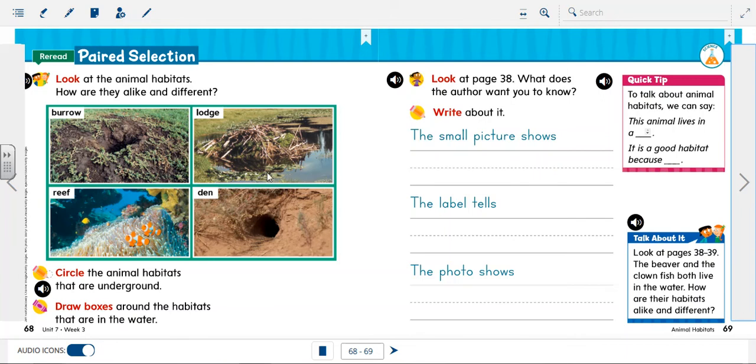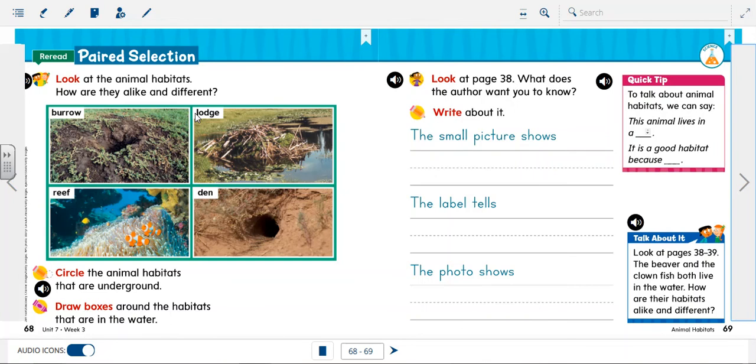And then we want to put a box around the lodge too. The lodge, some of it is above water, but if we go back to our story and think about it, we can remember that it said that the door to the lodge for the beavers is under the water. So we wanted to circle the burrow and the den because those can go underground, and we want to put boxes around the reef and the lodge to show that they are underwater.